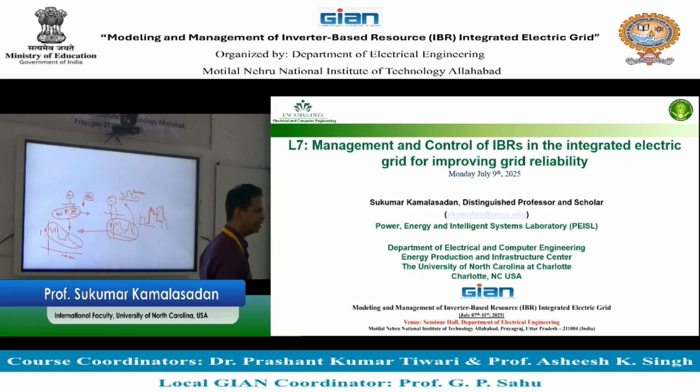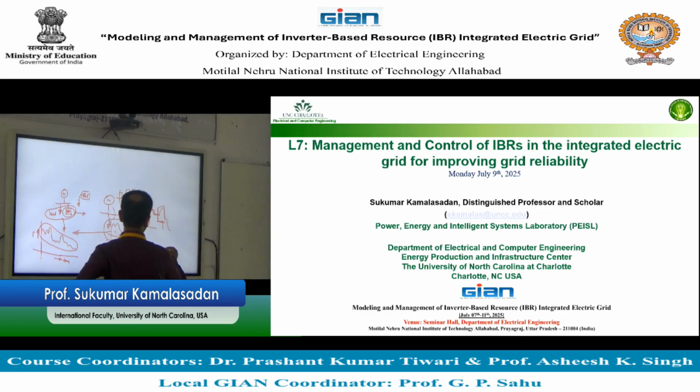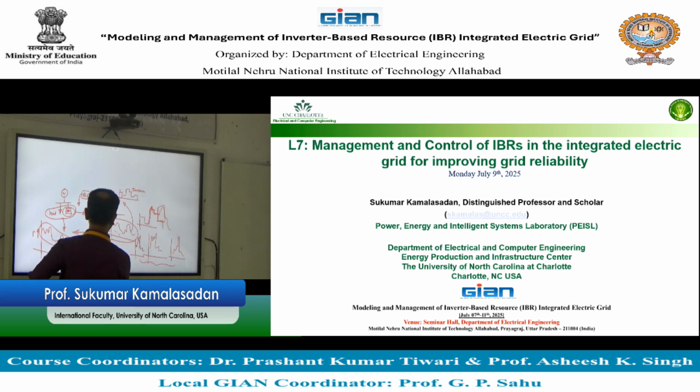Okay. So now let us say that you have a DER at one location and you have several of these DERs. This DER is doing this. This DER is doing this. This DER is doing this. If you add all these together, you will probably get a shape like this.